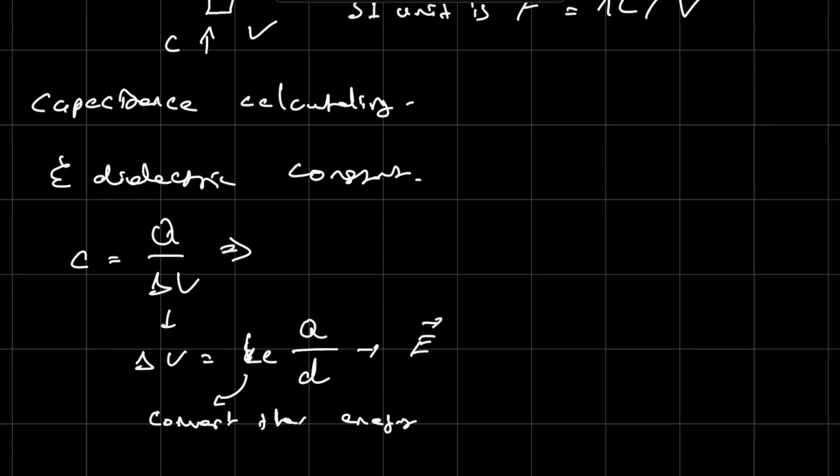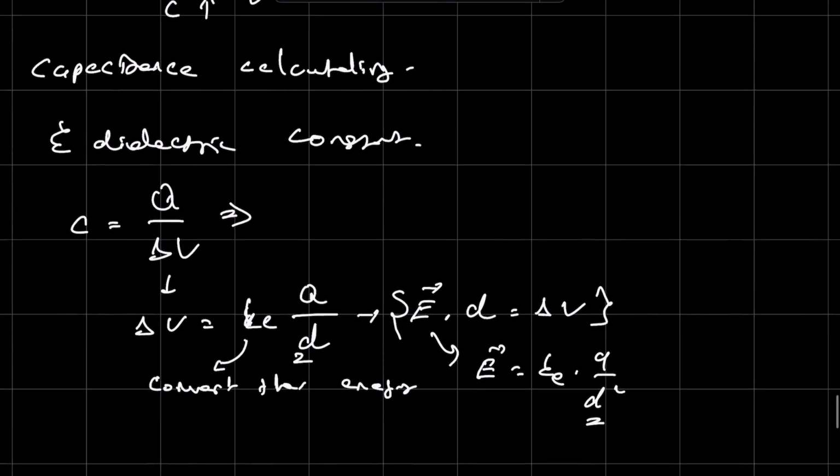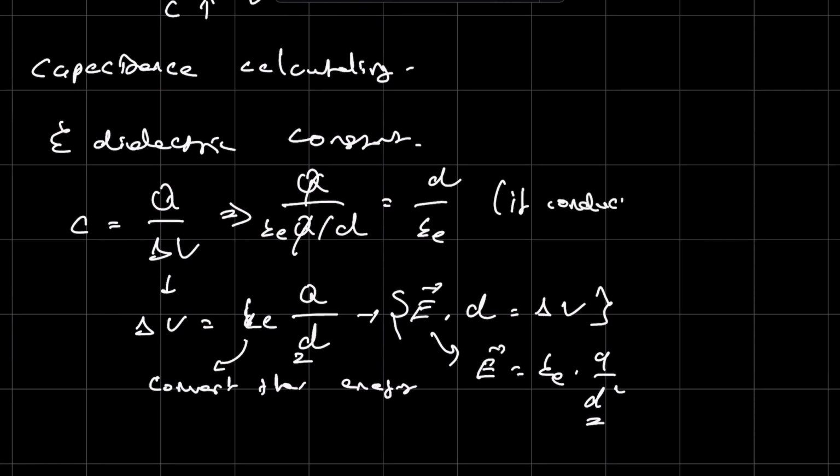And as we already know, potential difference is equal to electric field multiplied by distance. From this relationship, we can rewrite the capacitance formula in terms of the electric field. In this process, the charges cancel out, leaving us with an expression that directly connects capacitance, area, distance, and epsilon.